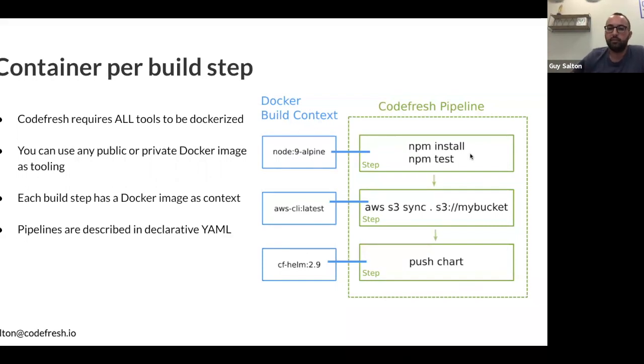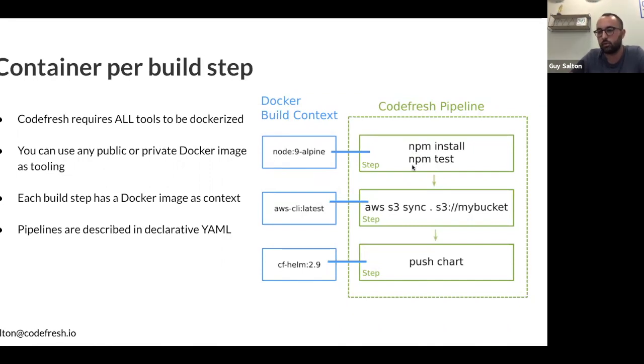So let's say in the first step, I want to package and test some Node application that I created, and I need to run it on Node version 9. So all I have to do is choose the Docker image that has Node with version 9. I can take the official image from Docker Hub in this case. Then I can run the commands that I need to package and test my application.